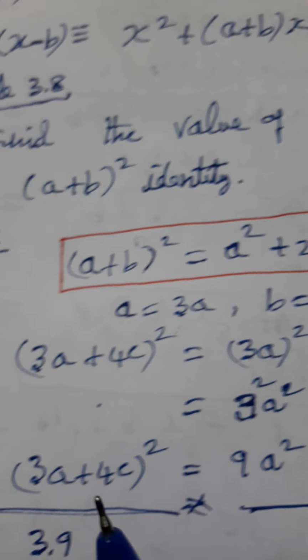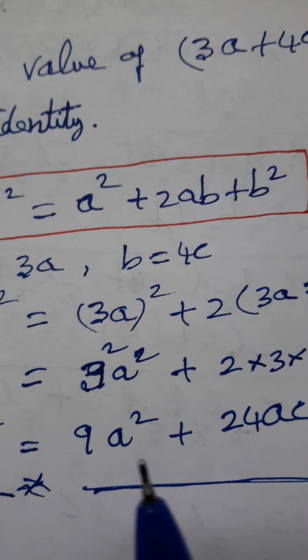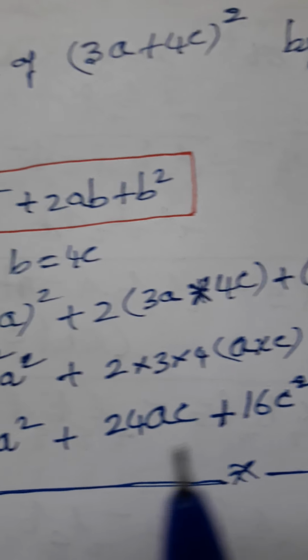So the final value is (3a + 4c)² = 9a² + 24ac + 16c².